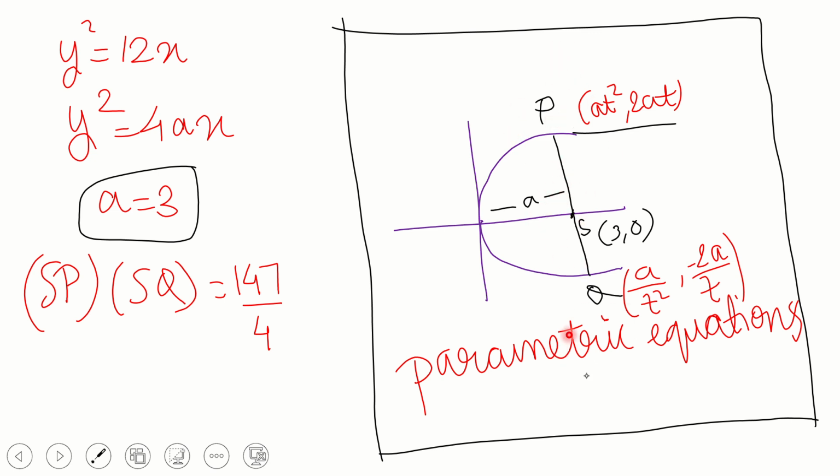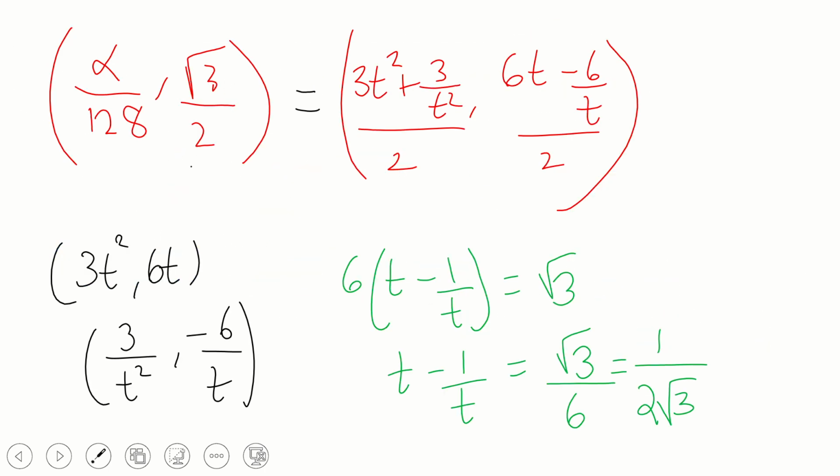So P and Q are 2 points and the midpoint of P and Q is the center. The center of the parabola is also the midpoint of P and Q. Do you get that? Right. So now alpha by 128 and root 3 by 2 are the coordinates of the center of the conic.